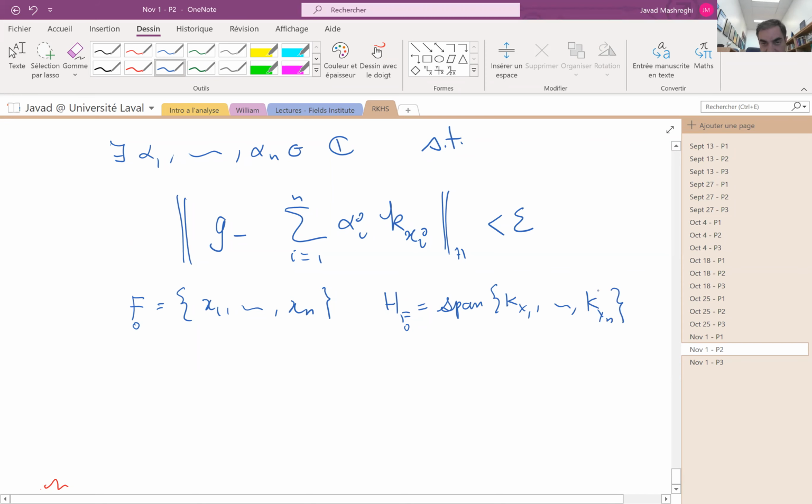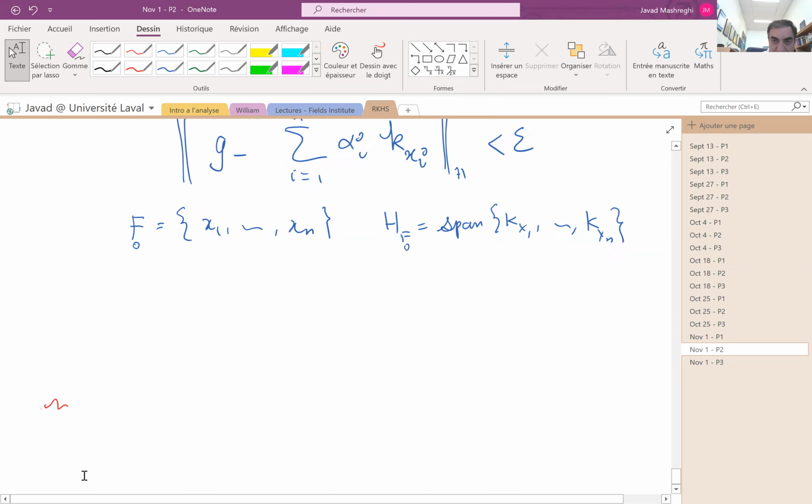Here, closure is not needed, it's finite dimensional.